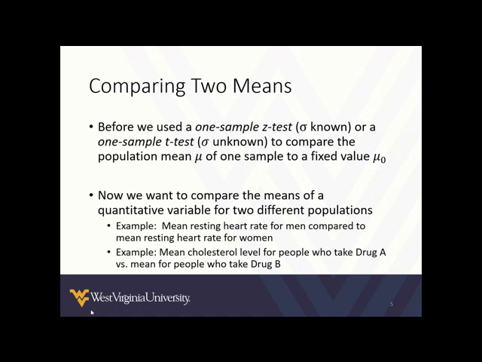Now we're going to want to compare the means of a quantitative variable from two different populations. A couple of examples: say the mean resting heart rate for men compared to the mean heart rate for women, or maybe the mean cholesterol level for people who are taking drug A versus the mean for people who are taking drug B.